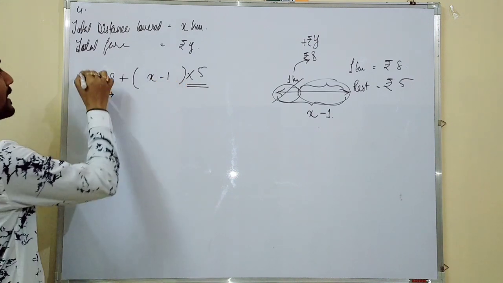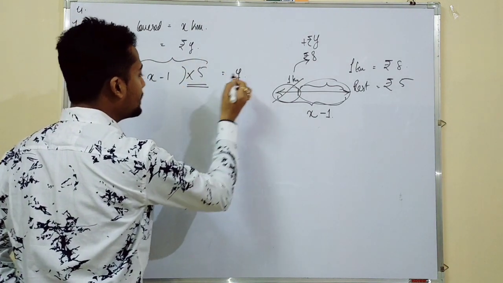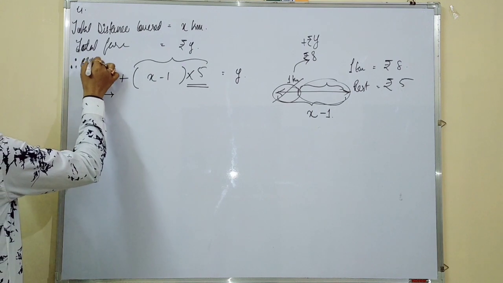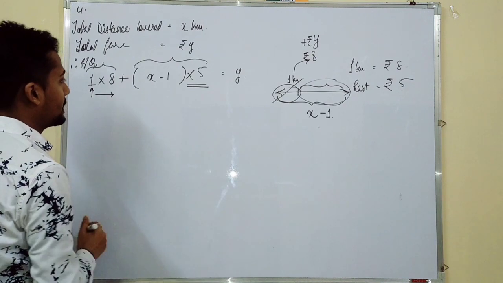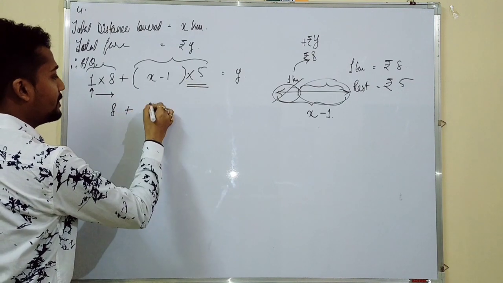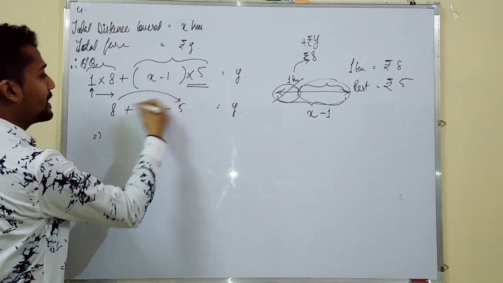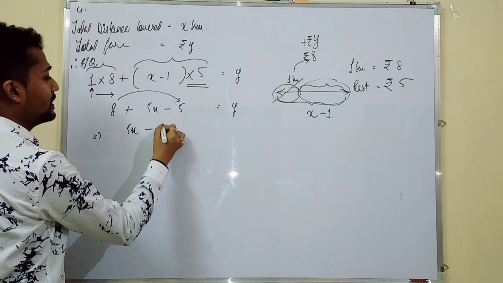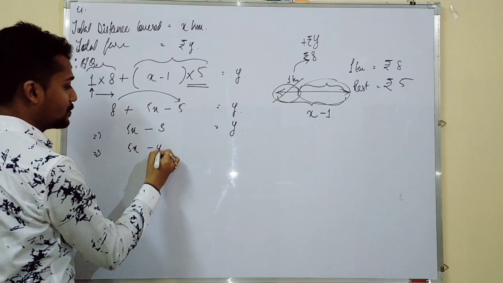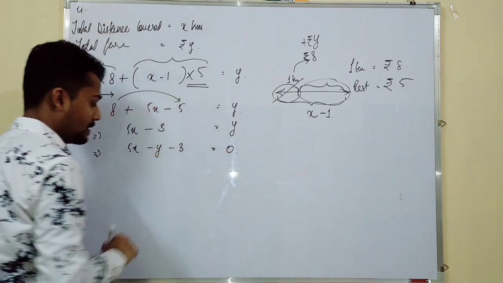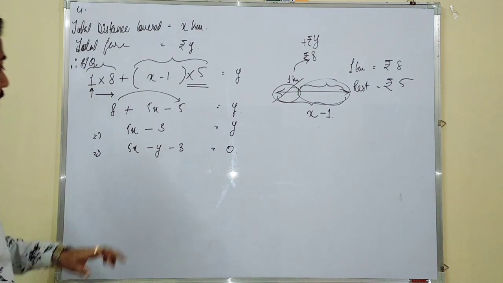Clear? Now if I add the first fare and the rest of the fare, it will be equal to the total fare. That means 1 into 8 plus (x minus 1) into 5 is equal to y. Now 8 plus 5x minus 5 is equal to y, and 8 minus 5 is equal to 3.